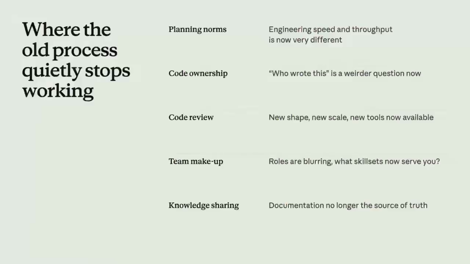So with that, these were some of the processes that I noticed quietly stop working. And I love that phrase, quietly stops working, because a lot of times we all put in processes, hopefully for a reason, right? We're thinking, hey, there was a gap here, we want to improve. But what I've found over the years is rarely do processes kill themselves. We tend to just layer more and more processes on.